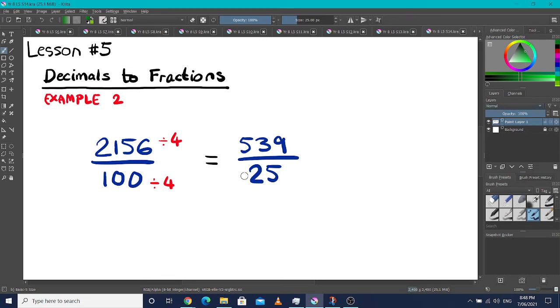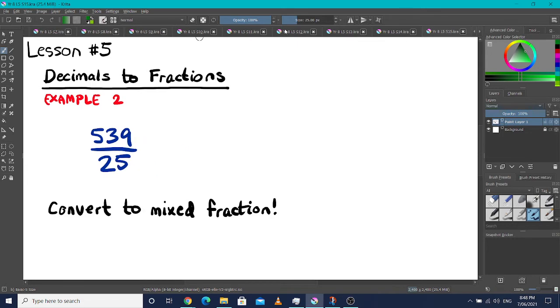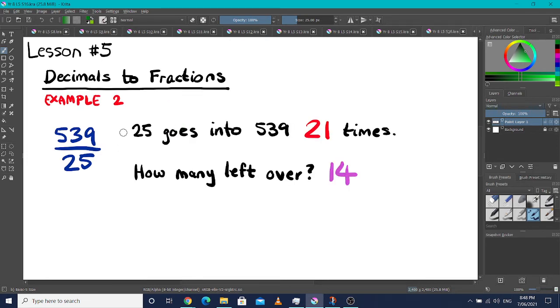But to get a proper answer, we must convert our fraction to a mixed fraction. So just quickly on the next slide, 25 goes into 539 21 times, so that's how many times the denominator goes into the numerator. And then how many numbers are left over? 14.